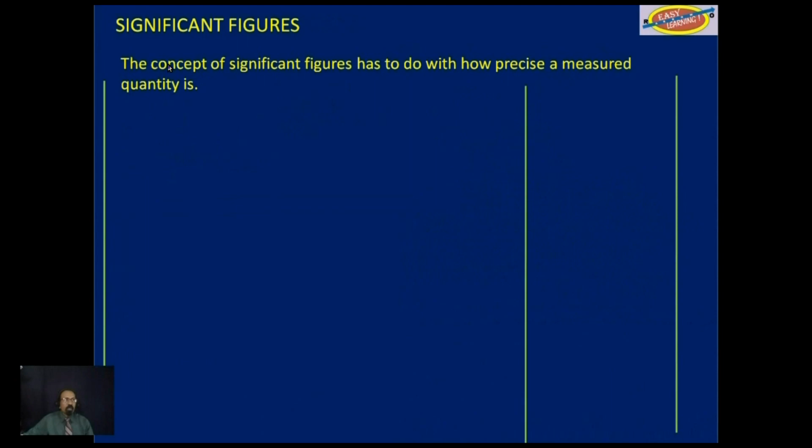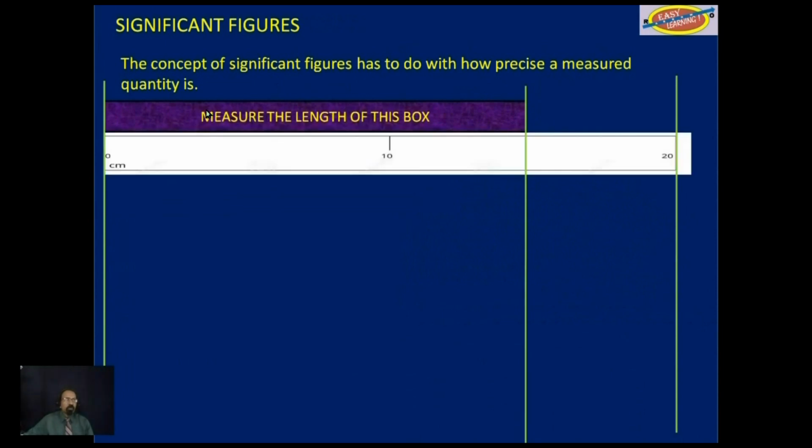Consider further, if you have a box like this colored box, and you want to measure it, and I give you a ruler like this, all the calibration on the ruler is 0 centimeter, 10 centimeter, and 20 centimeter, and I ask you, estimate the length of this box.